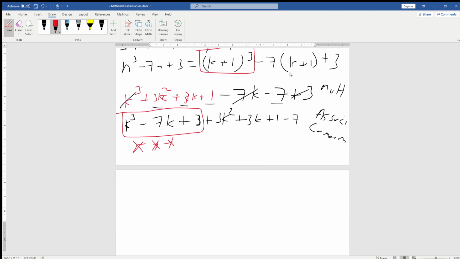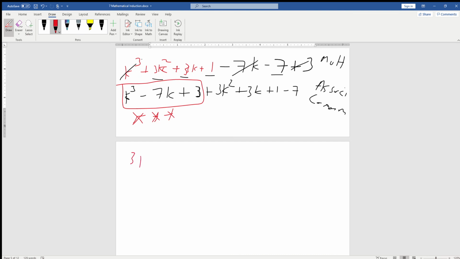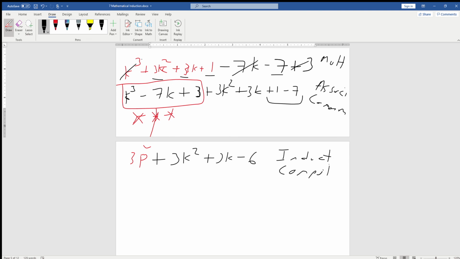So by induction, we get 3p for all of this. So that's just going to come down here, and then we're going to copy everything else down. I'm also going to combine the 1 and the negative 7. So we get plus 3k squared plus 3k minus 6. That's by induction, as well as a little bit of computation.